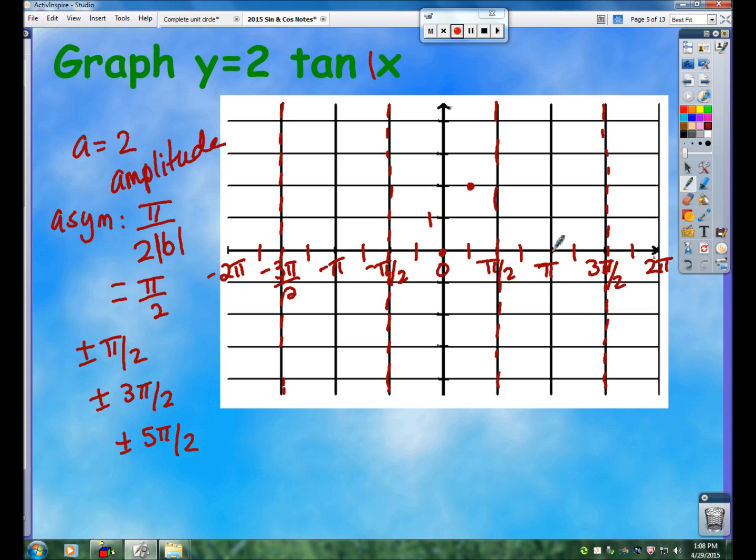At pi we're at 0, and at 2 pi we're at 0. At 3 pi over 4, we're down at negative 2, up at positive 2, and down at negative 2. Graph towards your asymptotes.